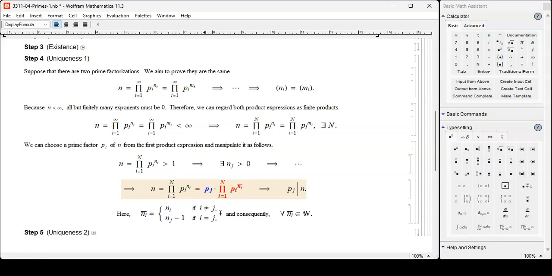Look at this ni bar. If i and j are different, then that has nothing to do with this factorization of pj, so it stays the same as the original ni, a whole number. Now for j, we have nj minus 1 because I took 1 away. And because this nj is greater than 0, that means greater than or equal to 1, so nj minus 1 is greater than or equal to 0, and that belongs to the whole numbers.